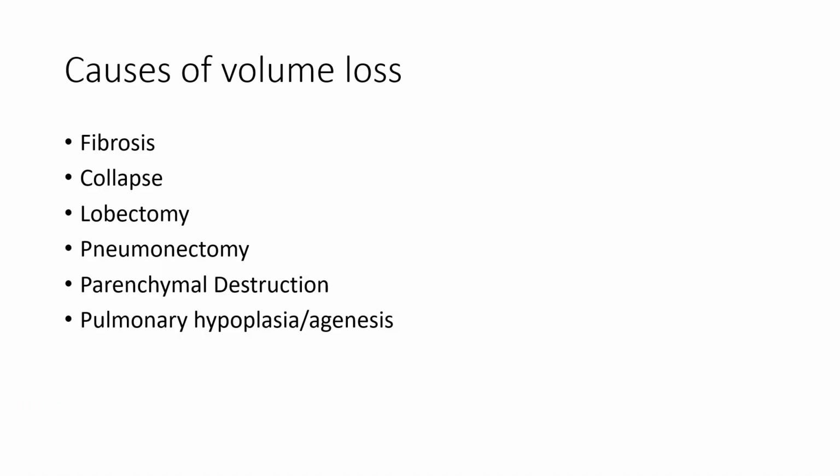Now let's come to the potential causes of volume loss. The volume loss in chest X-ray could be due to fibrosis, collapse, lobectomy, pneumonectomy, parenchymal destruction due to any cause, or congenital abnormalities like pulmonary hypoplasia or agenesis.